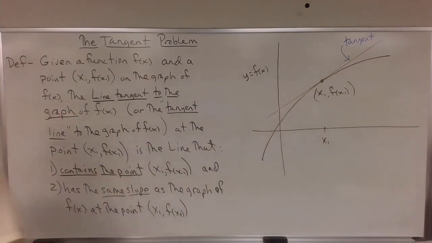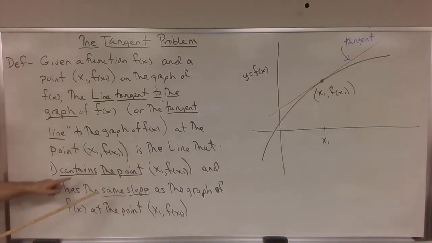And here's our definition. Given a function f of x and a point x1, f of x1 on the graph of f of x, the line tangent to the graph of f of x, or the tangent line to the graph of f of x, at the point x1, f of x1, is the line that does two things.